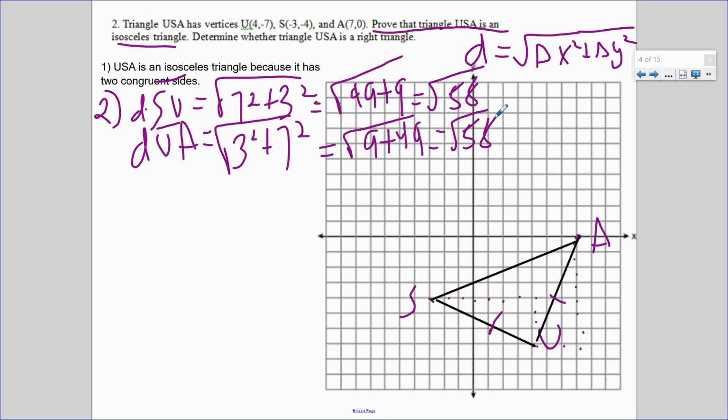When you do them out, you should have gotten rad 58 and rad 58.